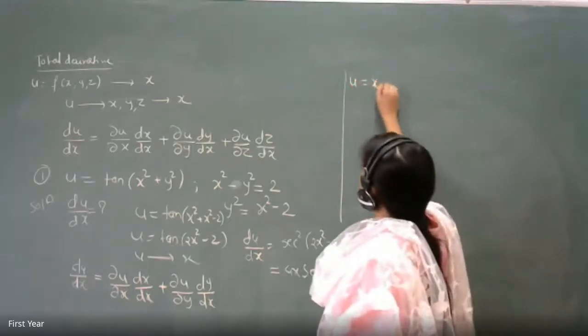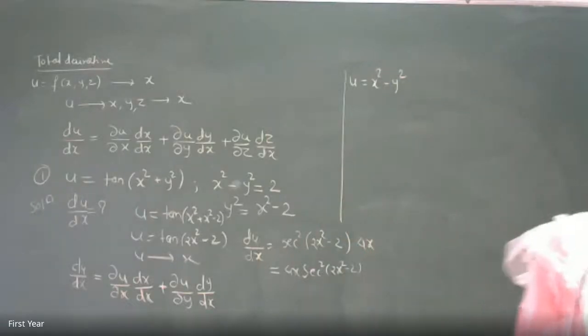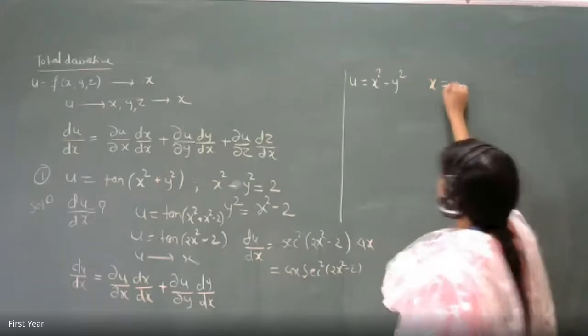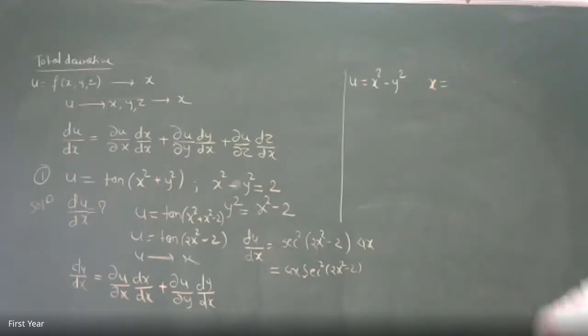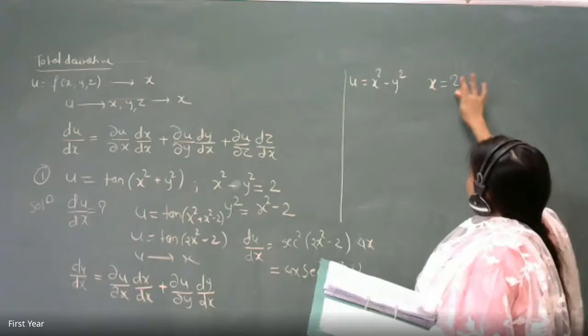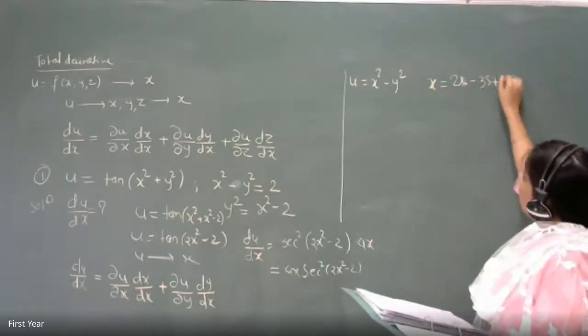U is equal to x square minus y square. X is equal to 2r minus 3s plus 4.